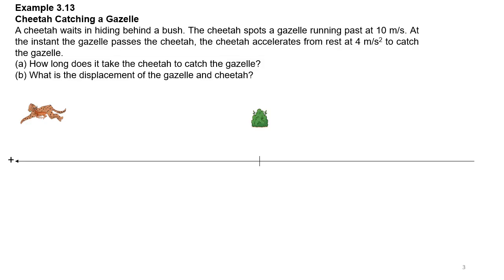This is convenient for me, so I am choosing the left direction as positive. Here I choose the origin near the bush, so x0, the initial position, is 0 for the cheetah as well as for the gazelle, because we are going to analyze the motion once the gazelle passes this bush. The initial time is t0, which is equal to 0.